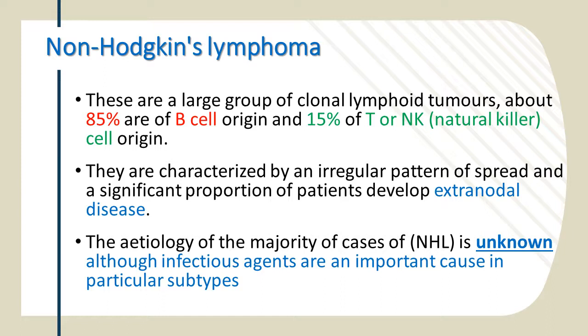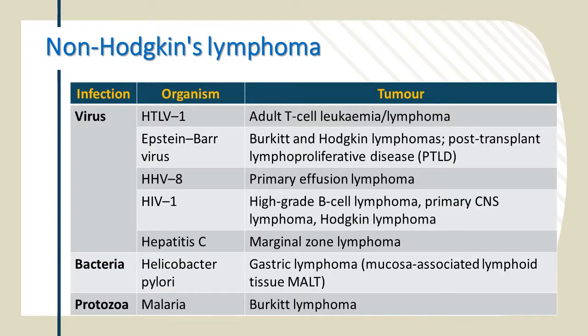The etiology of the majority of cases of non-Hodgkin's lymphoma is unknown, although infectious agents are an important cause in particular subtypes. However, the infectious agents such as viruses, bacteria, and protozoa may have a crucial role in the causation of particular lymphoma subtypes.